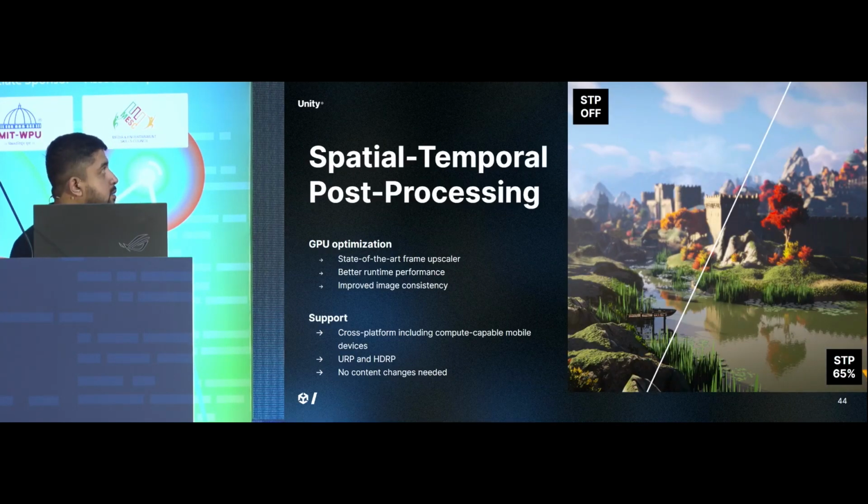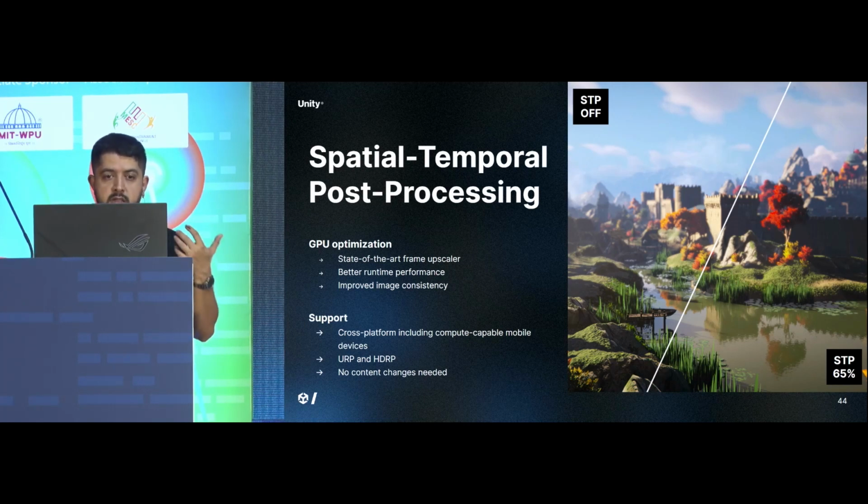Then the next part is Spatial-Temporal Post-Processing. So this is a state-of-the-art frame upscaler that boosts runtime performance and enhances image consistency. And this is like a game changer for rendering quality. This is essentially an upscaler similar to what DLSS or AMD's FSR is, right?